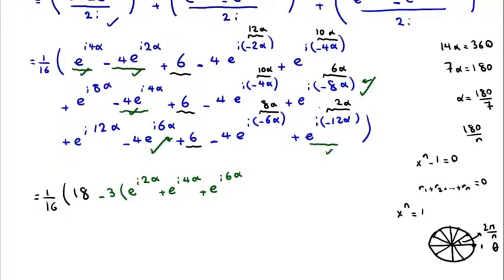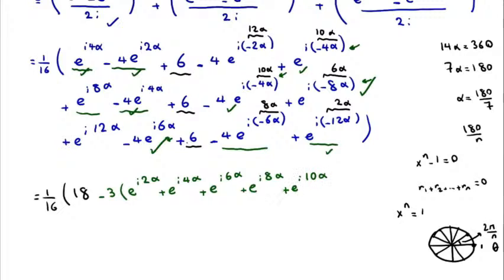Next part, 8α. This one negative 4, this one plus 1. It will be negative 3 e^(i8α). And then for 10α, we have plus 10α and minus 4 times 10α. It will be negative 3 e^(i10α).